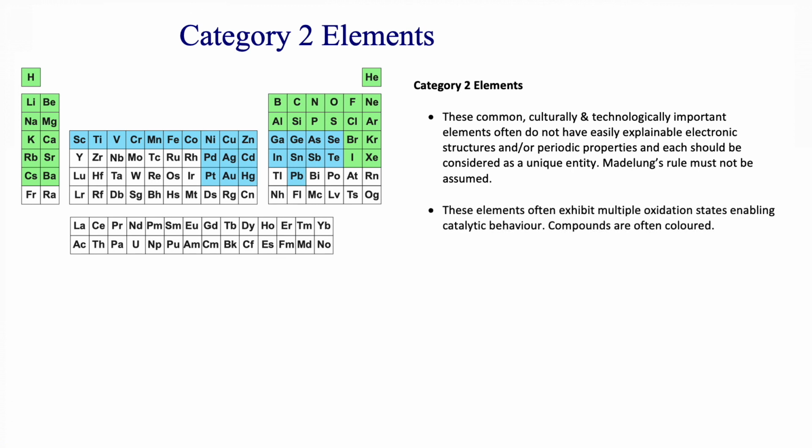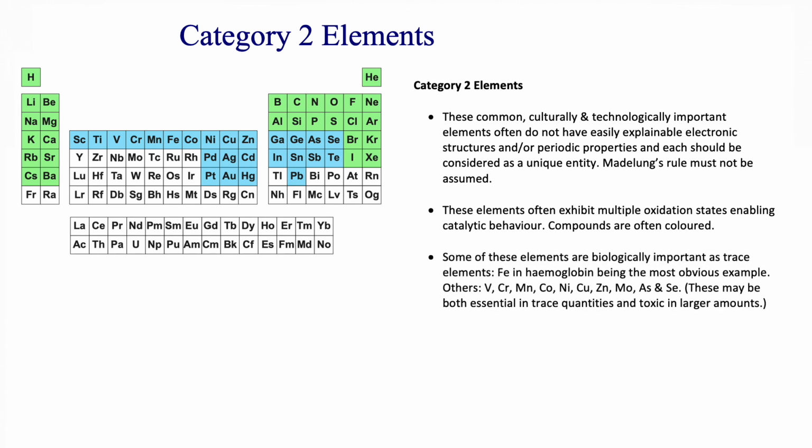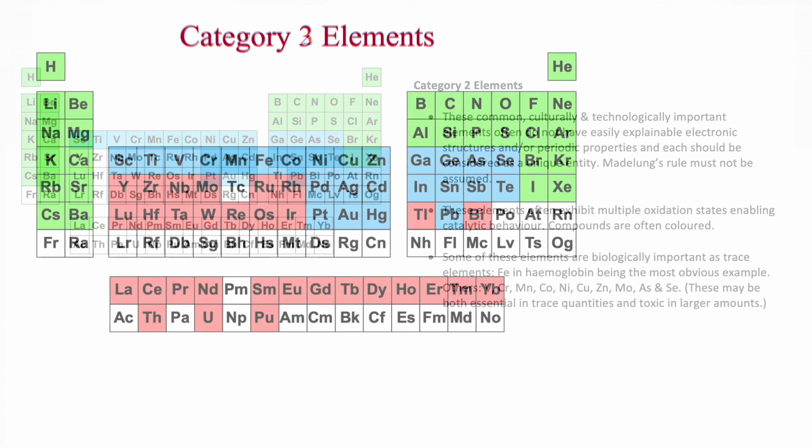These elements often exhibit multiple oxidation states, enabling catalytic behaviour, and the compounds are often coloured. Many of these elements are important as trace elements in biological systems, iron in hemoglobin being the most obvious. Others, vanadium, chromium, manganese, cobalt, etc., are also found.